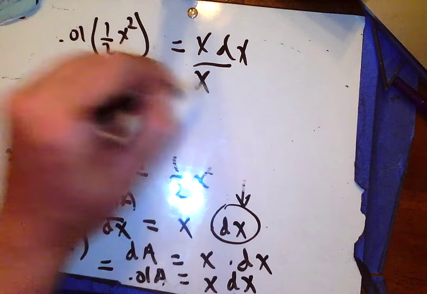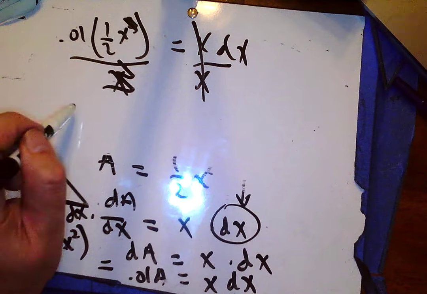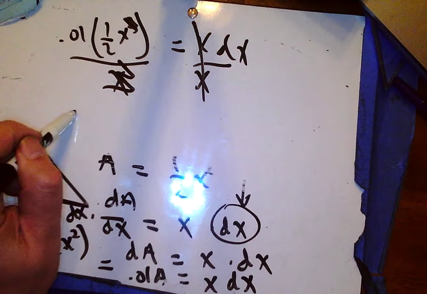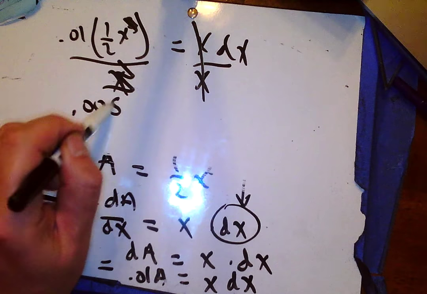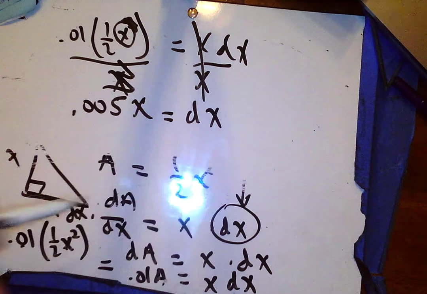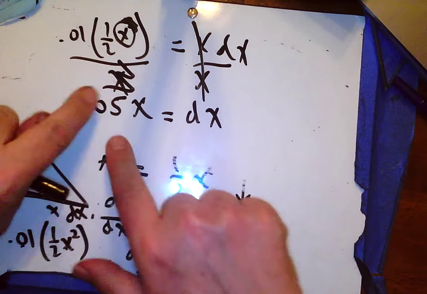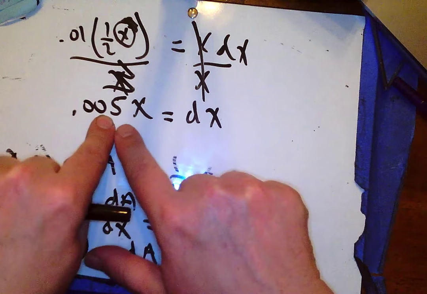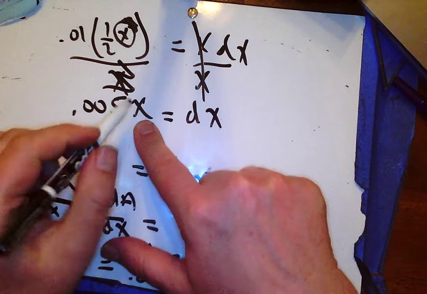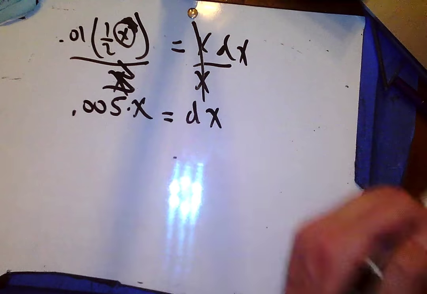So when I divide both sides by x, I get 0.01 divided by 2, which is 0.005 x equals dx. And how do I understand that? The error in measuring the side length must be within 0.5% of the actual side length. That's what I see there.